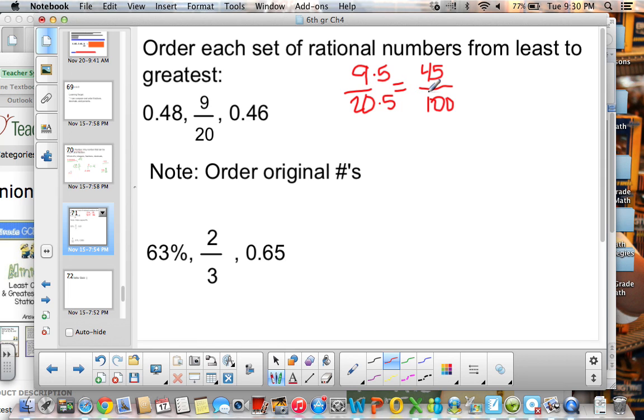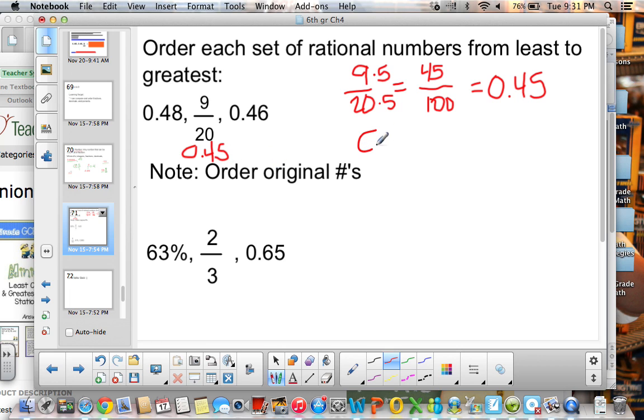These are equivalent fractions because all we did was multiply by the same number, and we got a fraction that is the same. But now, because it has the 100 in the denominator, 45 hundredths, it's a lot easier for us to write it as a decimal. I'm going to rewrite this over here, 45 hundredths, so now I can put them in order.